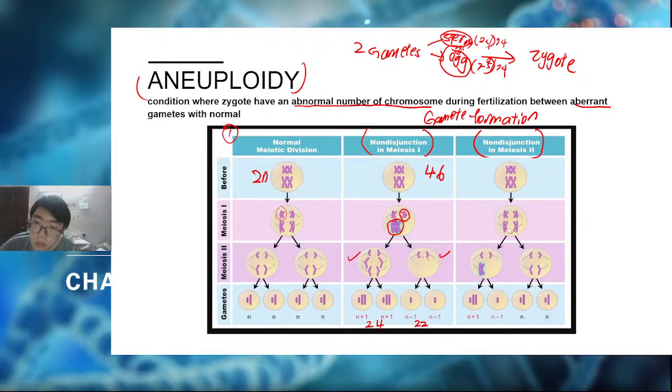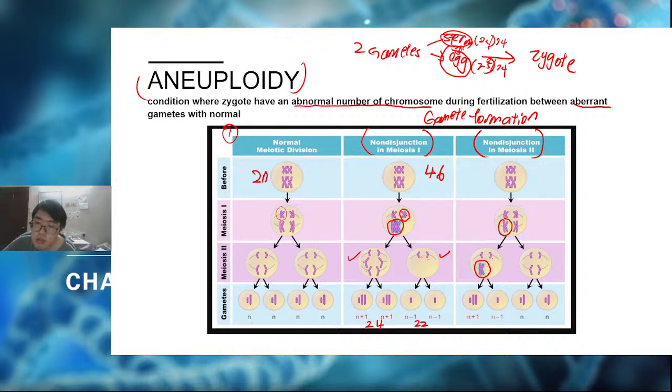Since this already has a problem, you will see the problem here. The separation does not occur. So if non-disjunction occurs at meiosis 2, you have these three possibilities.